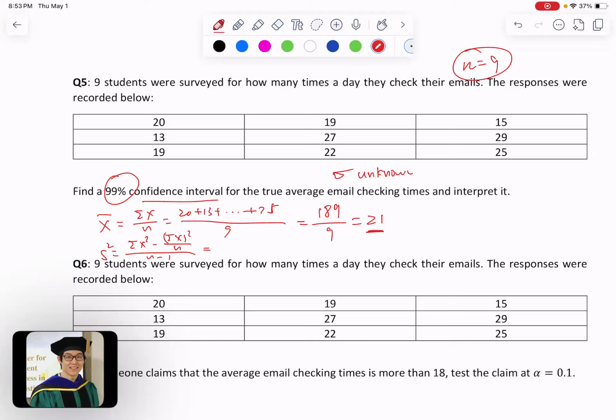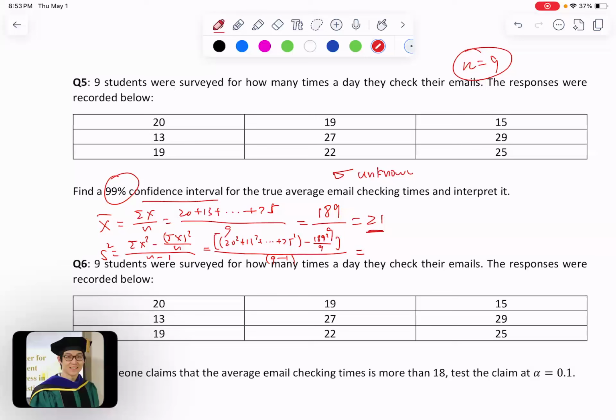So sum of x squared is actually 20 squared plus 13 squared plus dot dot dot plus the last one, 25 squared, right? Minus sum of x squared. So sum of x is 189 squared over 9. The whole thing, the difference, right, over 9 minus 1.